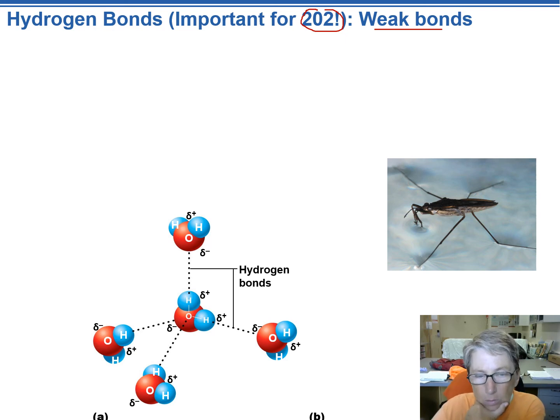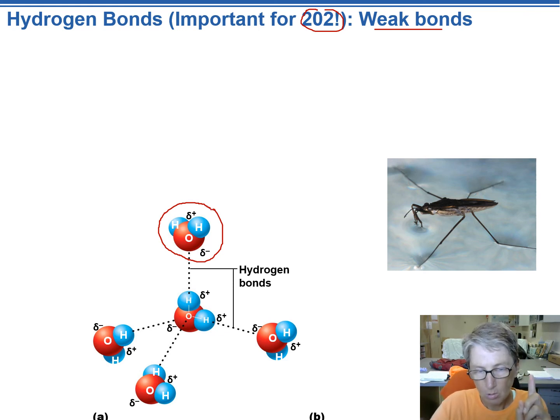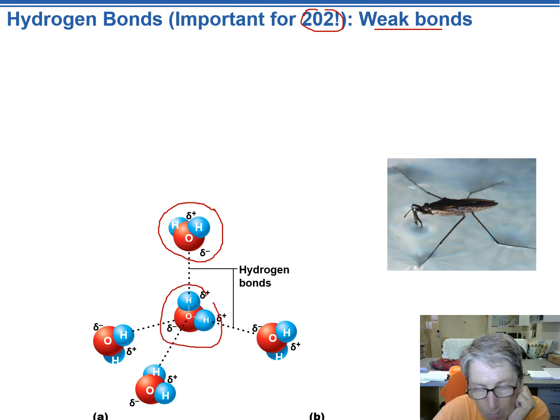Now, here, check this out. This is a water molecule. Within, so make sure you understand I'm saying within that water molecule, that single water molecule, between the oxygen and hydrogens, you have a polar covalent bond within the water molecule. Within this water molecule, same thing.